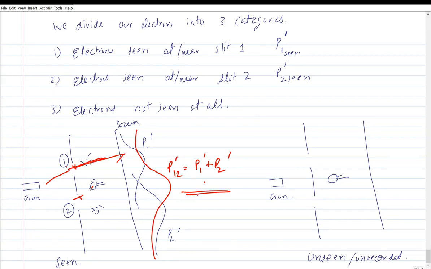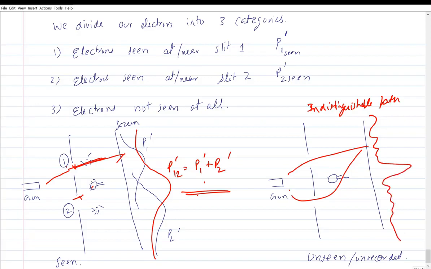And what about the unseen ones? Well, for the electrons which were unseen, where these paths were indistinguishable paths, my total probability is an interference pattern.